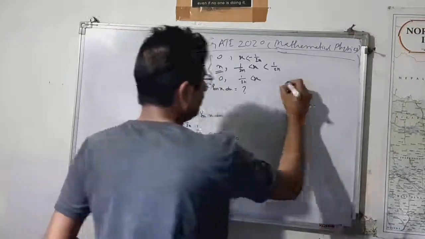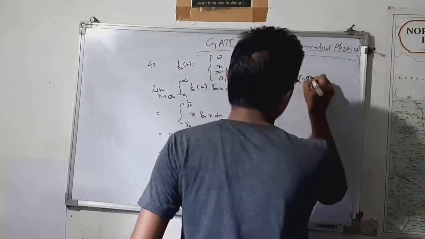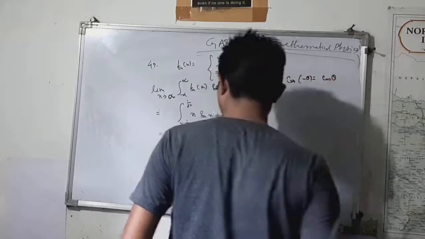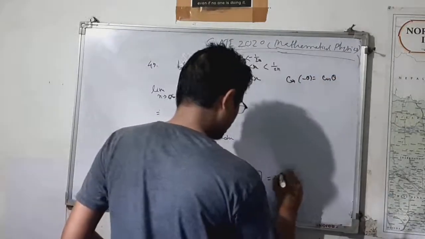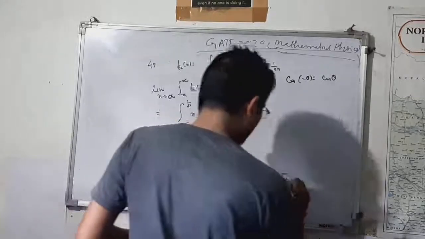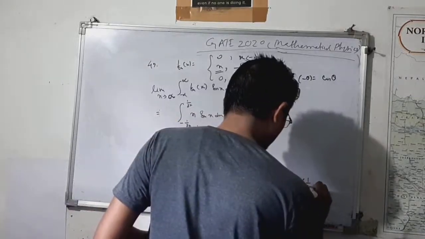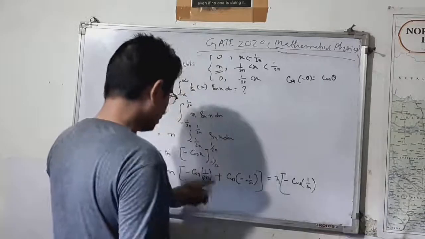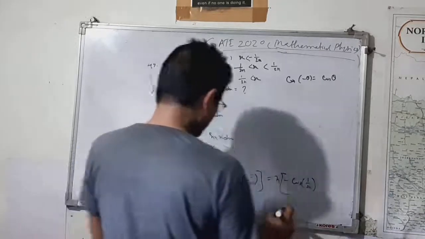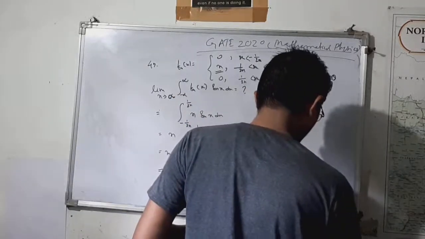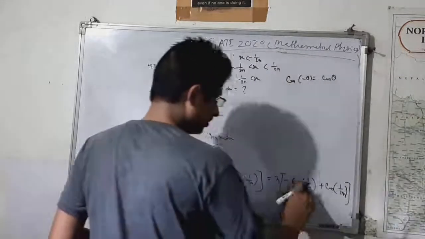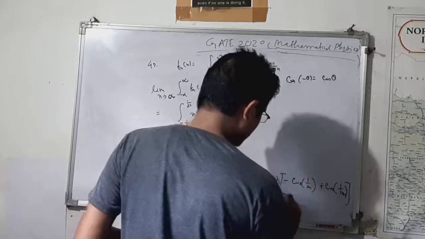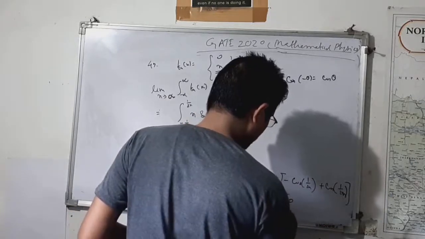So we know that cos of minus theta equal to cos theta. So this is minus cos of 1 by twice n plus cos of 1 by twice n. So it is equal to 0. So n into 0, that is 0.